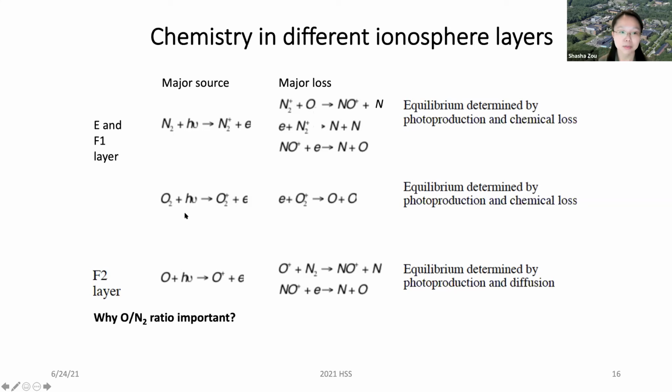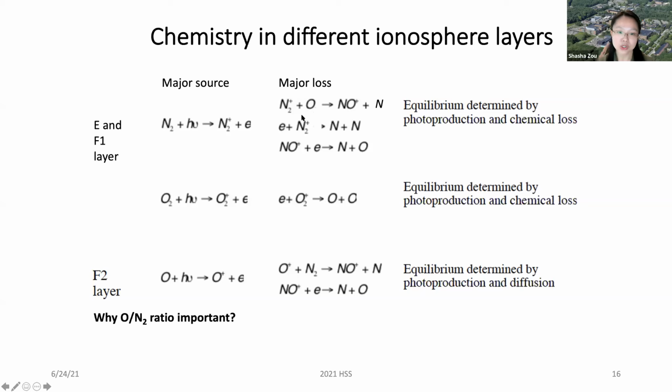The other important chemical reaction here is the ionization of the O2. Remember, N2 and O2 are the most important ones in the E region, right? And so the O2 is the next important source for the plasma there. And similarly, once you have the O2+ created, the O2+ can also recombine with the ambient electrons and generate two atomic oxygen.